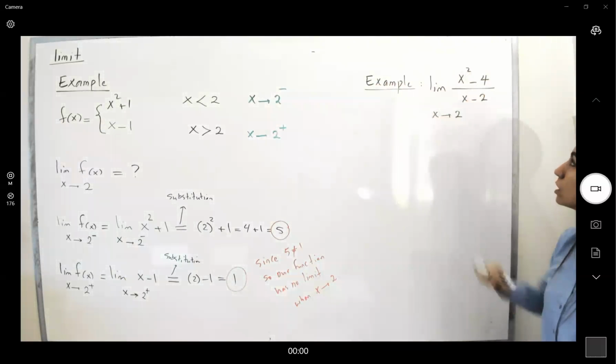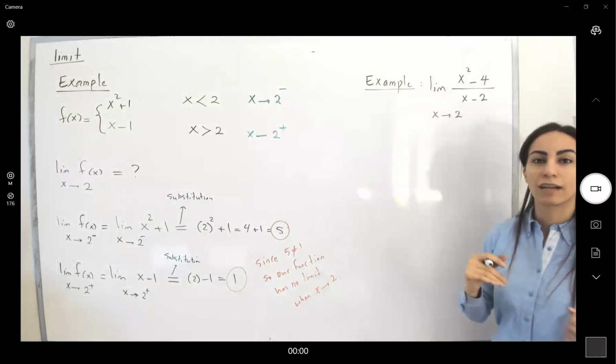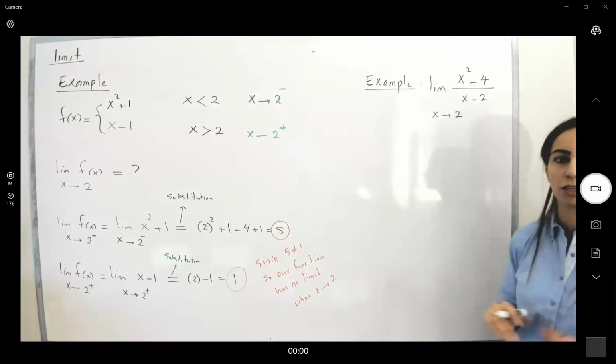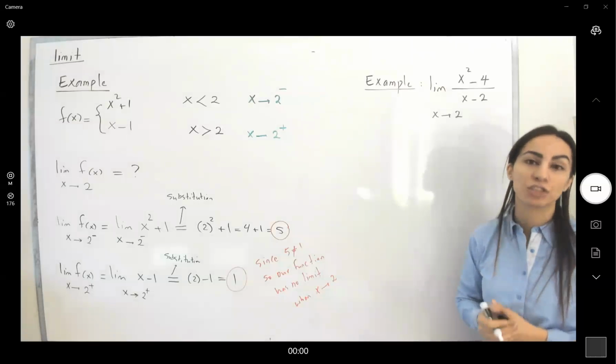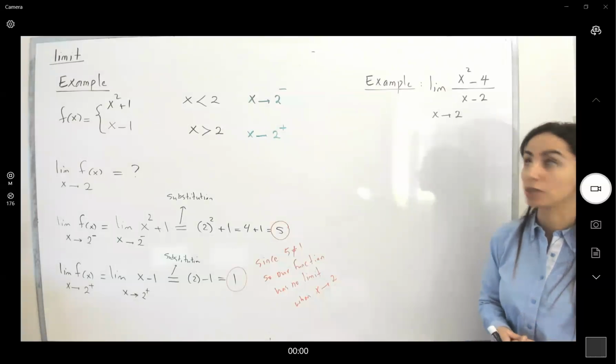Well, what type of function do they have here? Here we have a quadratic expression on the numerator. We have a linear expression on the denominator, and it's a division between these two. It means that you have a quotient or rational expression.